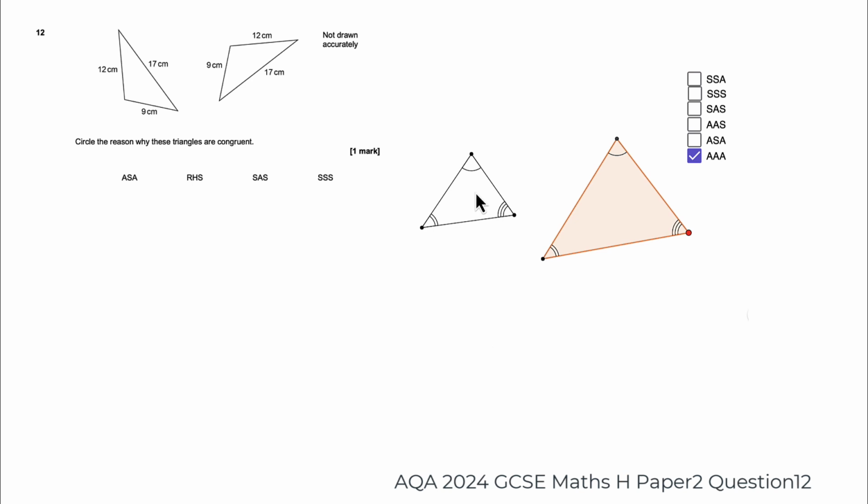So if you're given 2 triangles and you're told that each of them have the same corresponding angles, that is not sufficient reason to say they are congruent, as you can see. So the AAA condition is not any reason for saying that the triangles are congruent. So let's have a look at the example that we're given in this question, where we seem to be given all the sides.